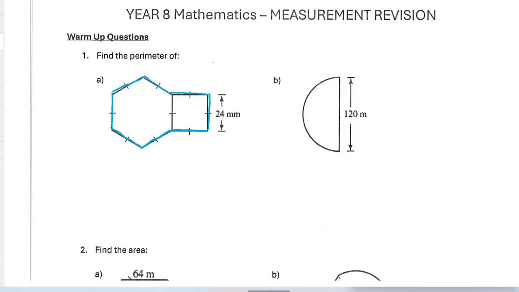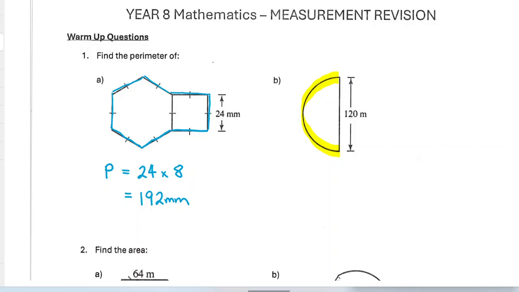The one in the middle doesn't count. So the perimeter of this shape is going to be 24 lots of 8, or 8 lots of 24, which is equal to 192 millimeters.